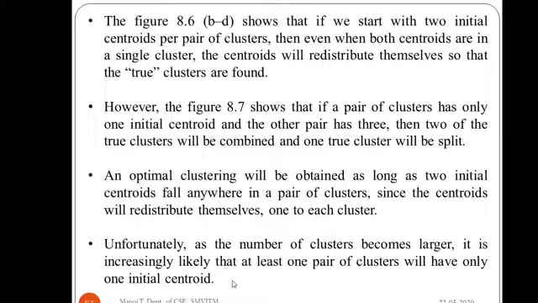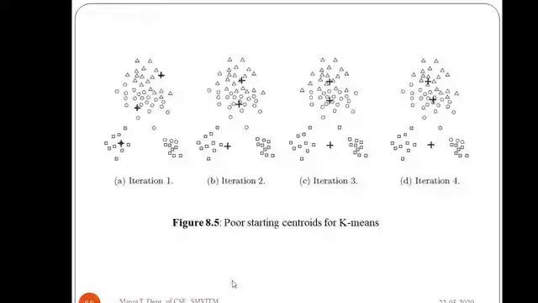If you see here in figure 8.5, in iteration 1 we begin with 3 initial centroids, then one particular centroid moves to the bottom of the figure, but 2 of these centroids are still in the upper part.